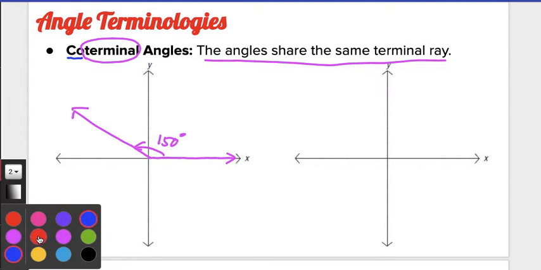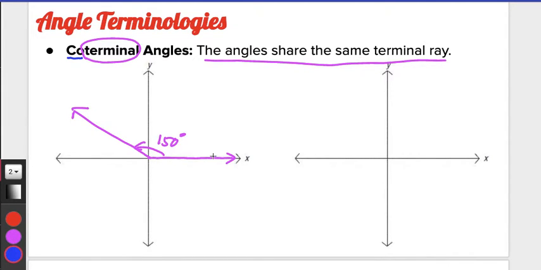For example, I can still start with the initial ray here. I'm not going to redraw it, just consider this our initial ray. Then I rotate in the negative direction. If the angle stops at the same position as here, that means they have the same terminal ray.